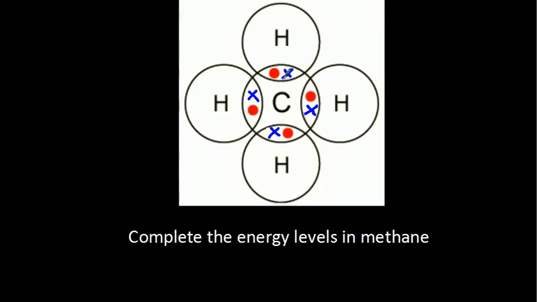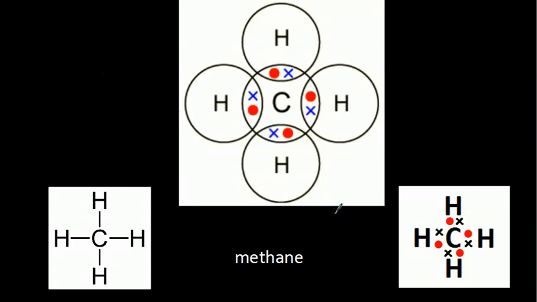Sometimes you will see these described as energy levels rather than electron shells, and that is why I've just highlighted that here. Now this then is methane, and you might be asked to draw this in one of 3 ways. You might be asked to draw it as we've just done.